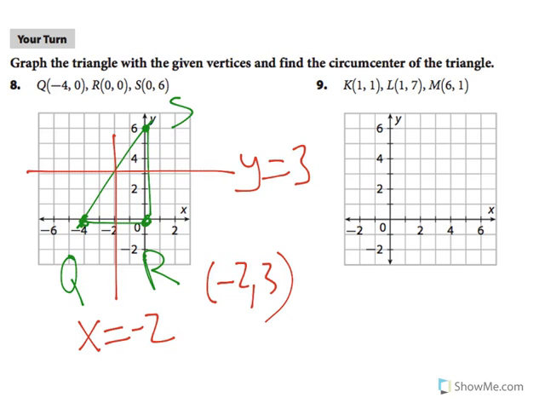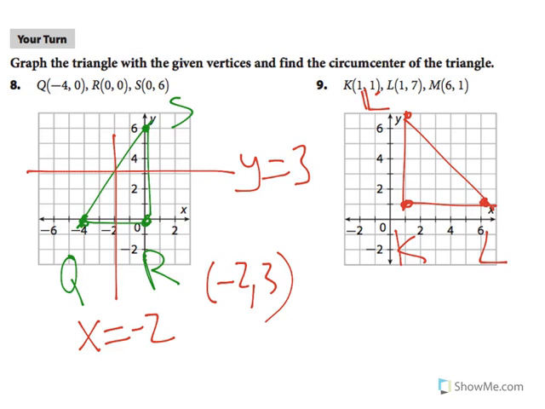Okay, let's try number 9. We have K at 1, 1. So then this is our K, and L is 1, 7, so that's L, and M is at 6, 1. So now we draw our triangle, and we're looking for perpendicular bisectors.